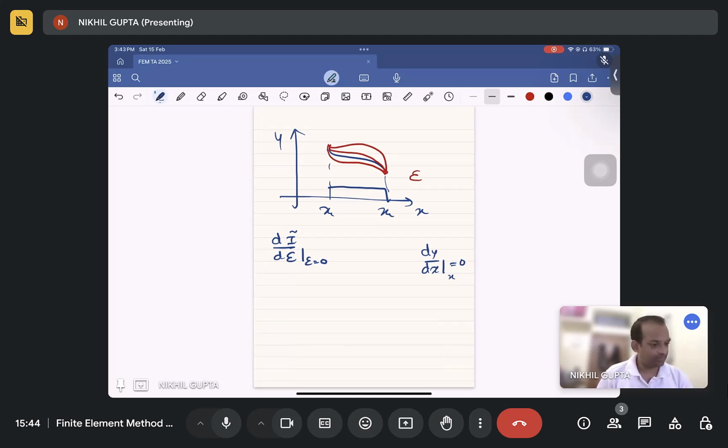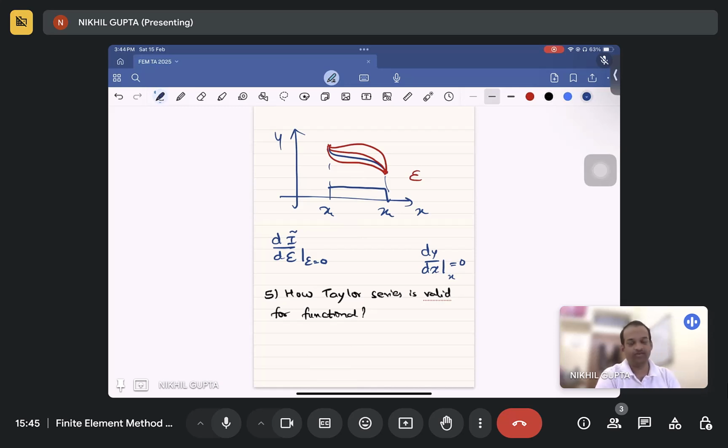One more doubt someone asked: how is the Taylor series valid for a functional? The simple answer is that Taylor series is valid for everything.